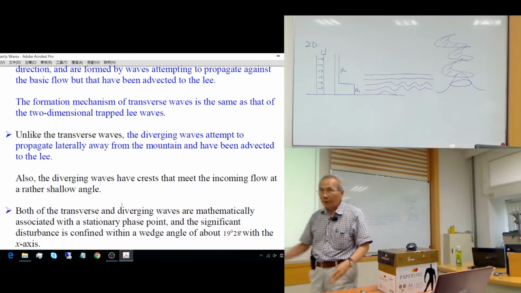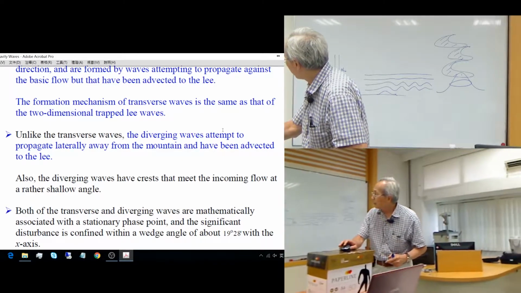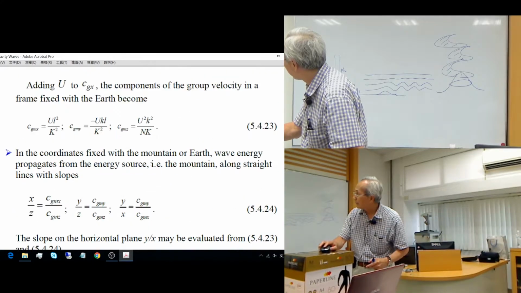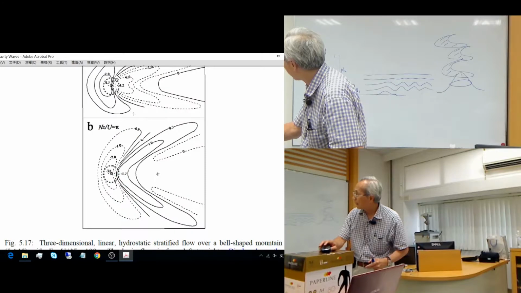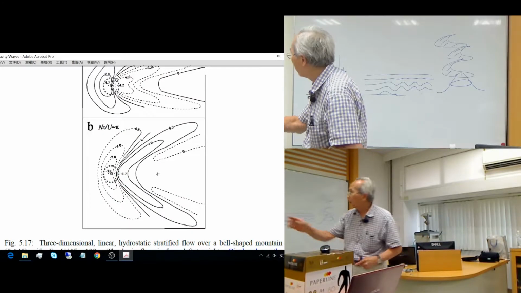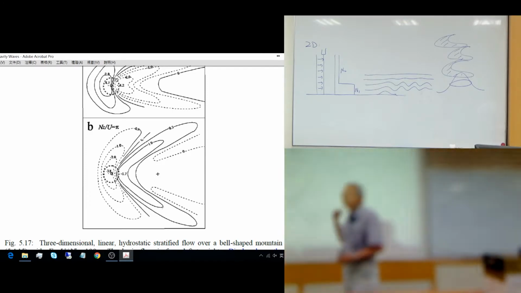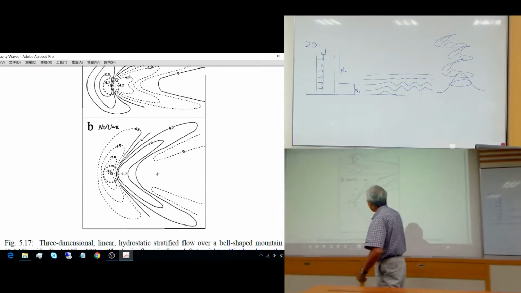Remember for the three-dimensional hydrostatic waves, we have these U-shaped waves, like this, and like this. See here? They are U-shaped. But the waves we look at diverging out are unlike this.